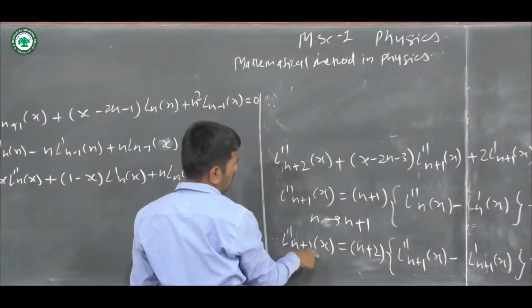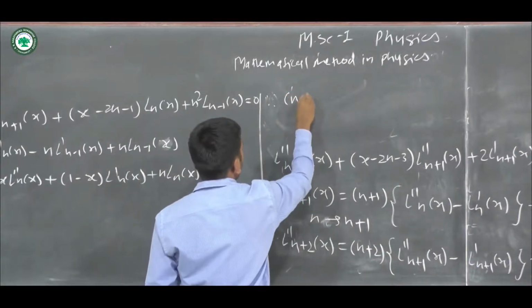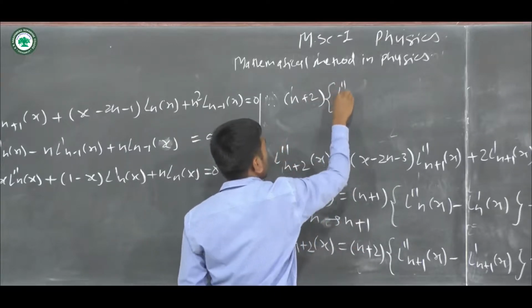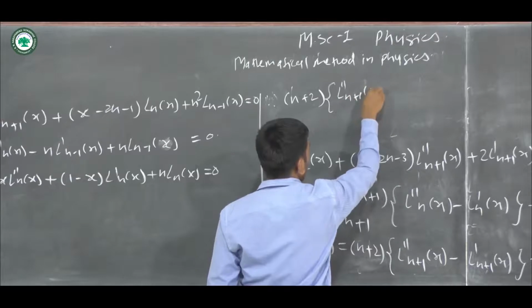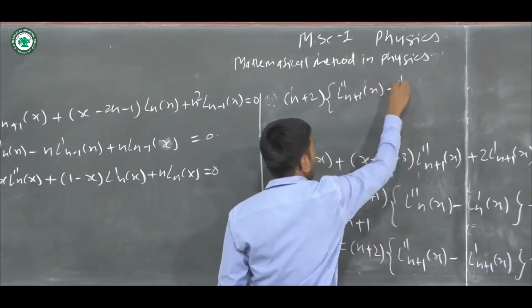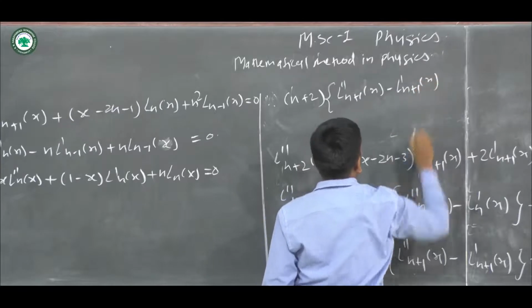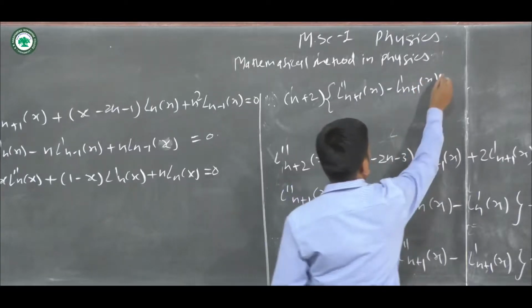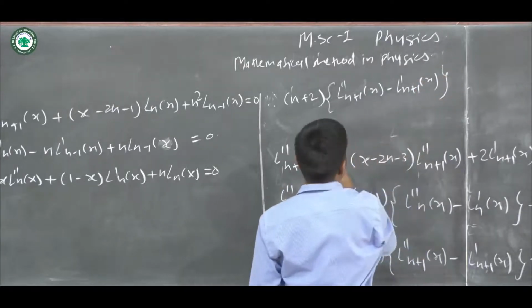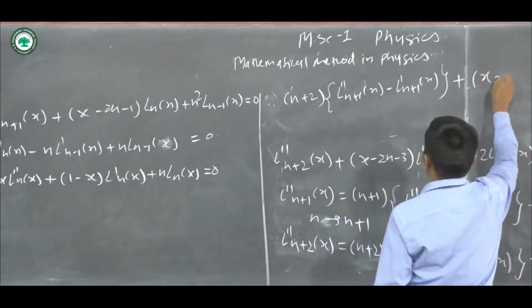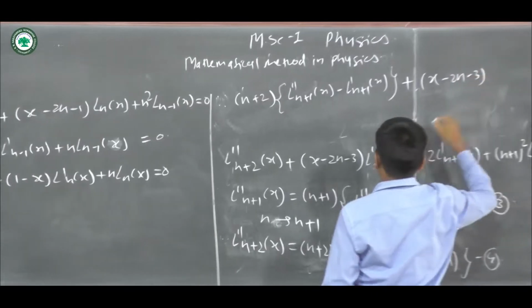So L double prime n plus 1 is equal to (n plus 2) into L double prime n plus 1 of x minus L prime n plus 1 of x, into, okay, plus x minus 2n minus 3.